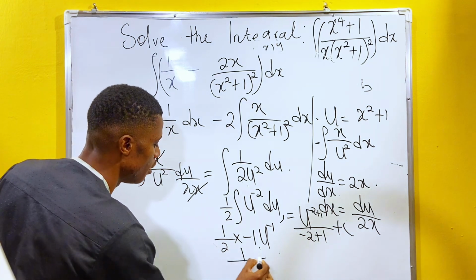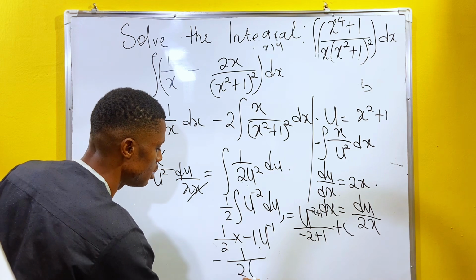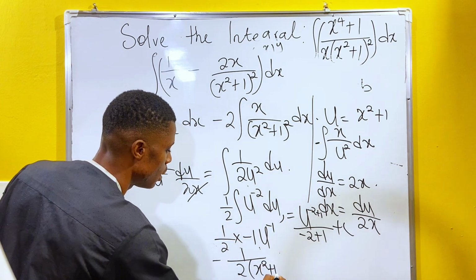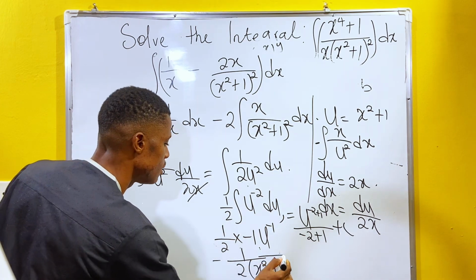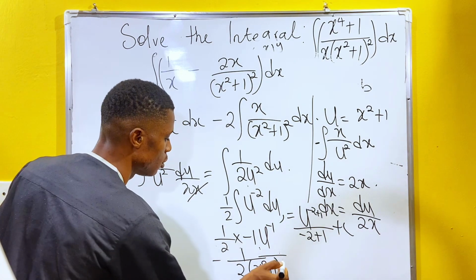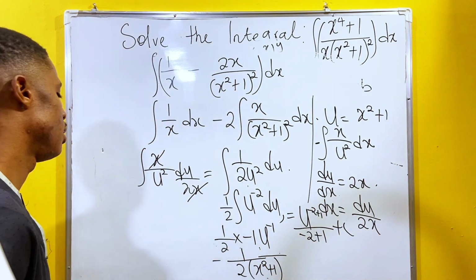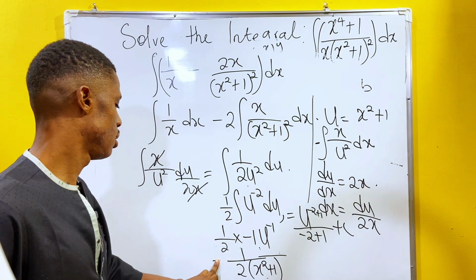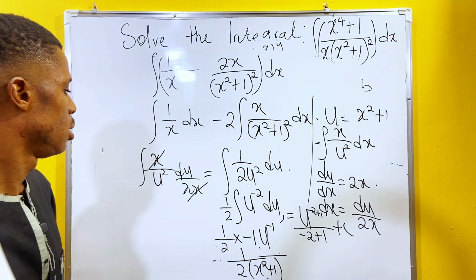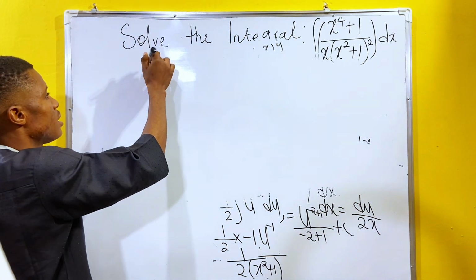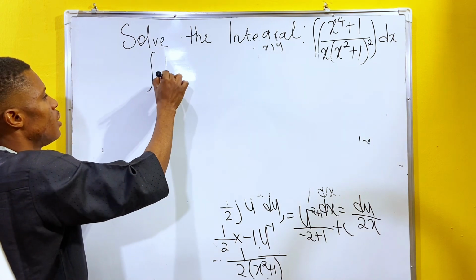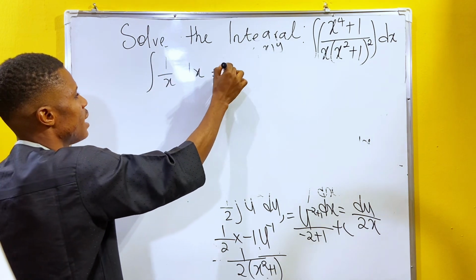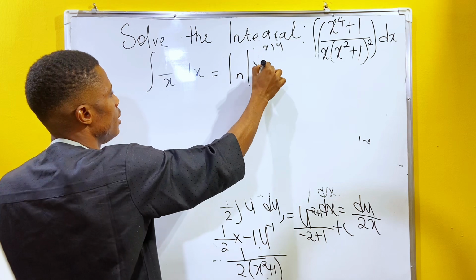We'll be having it to be 1 over 2 times (x squared plus 1), then that's it. All to the power of 1 still means the same thing. Okay, that's what we got. Plug it back. We are still having the integral of 1 over x with respect to x, and that's basically the ln of x.